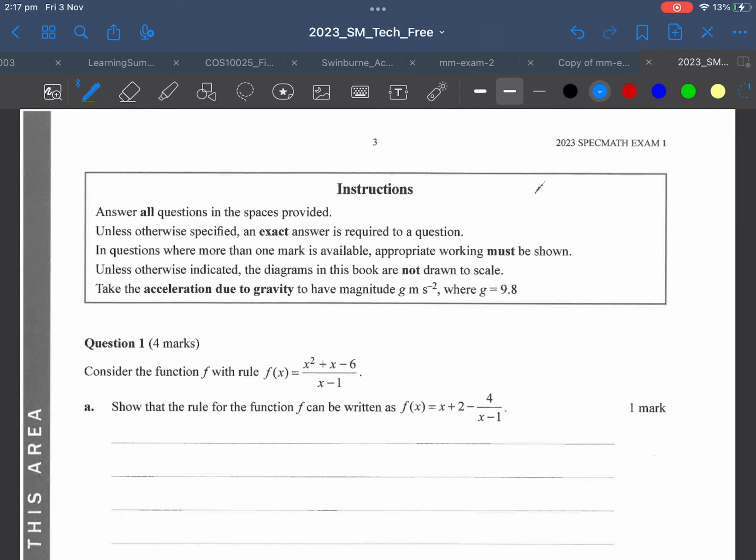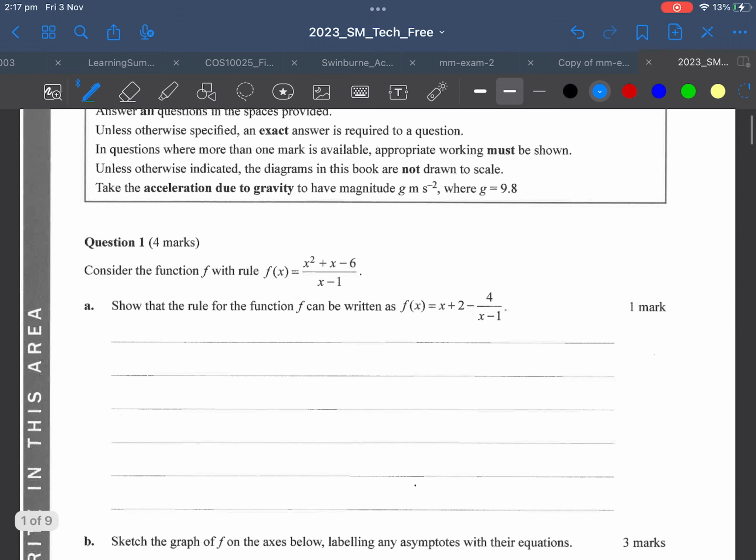Anyway, let's get started. So consider the function f with this rule over here and show that the rule of the function can be written as this. So I think they're asking us to do long division over here, so let's do that real quick. So x squared plus x minus 6 and x squared minus x.